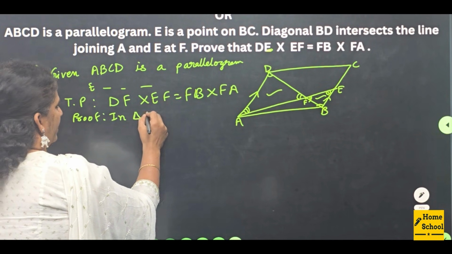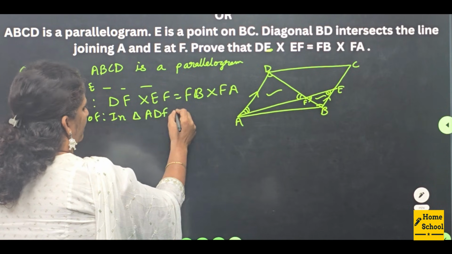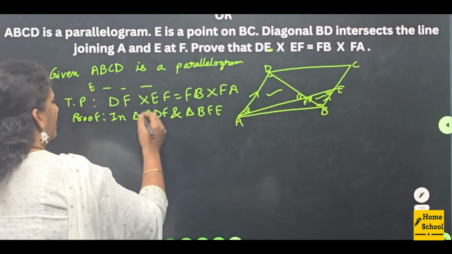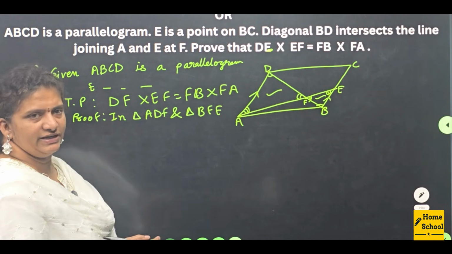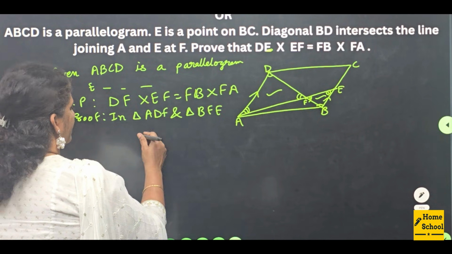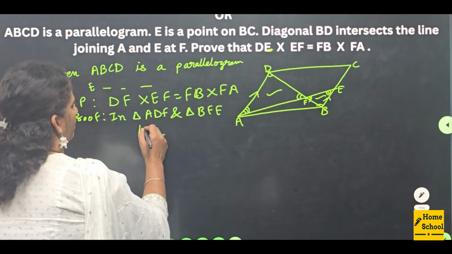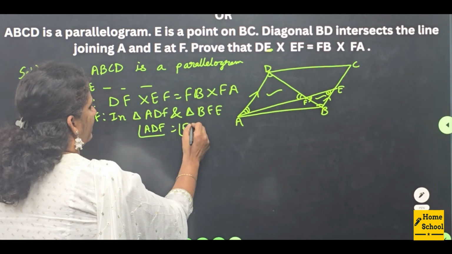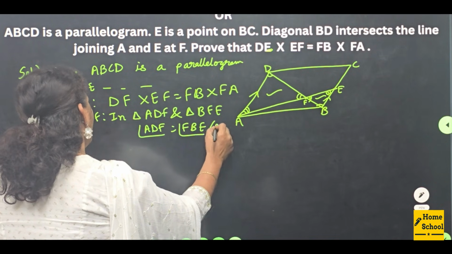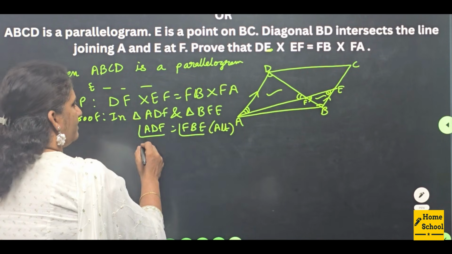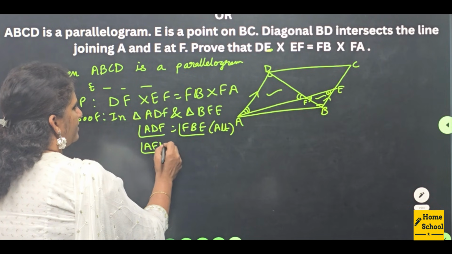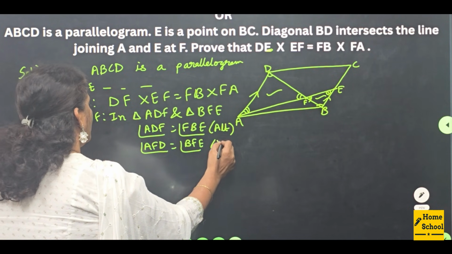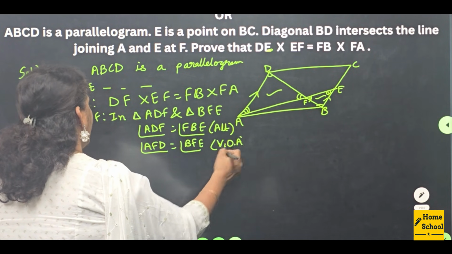In triangle ADF and triangle BFE, you write here: in a parallelogram, AD is parallel to BC. We know angle ADF is equal to angle FBE. Reason: alternate interior angles. And angle AFD is equal to angle BFE. This you can write as vertically opposite angles.